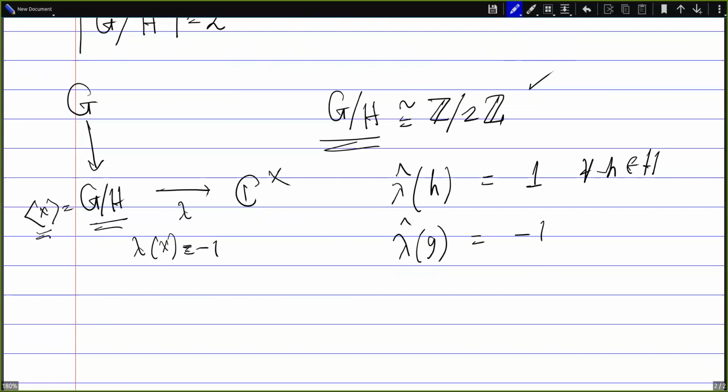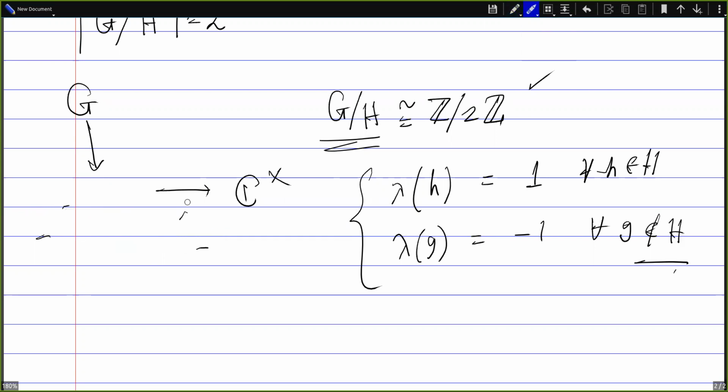So therefore this becomes -1 for all g not belonging to H. Okay, so this is the lift of the character lambda hat. So henceforth, for simplicity in notation, we will call it lambda and simply forget about what we have said, because we would like to avoid too many notations.